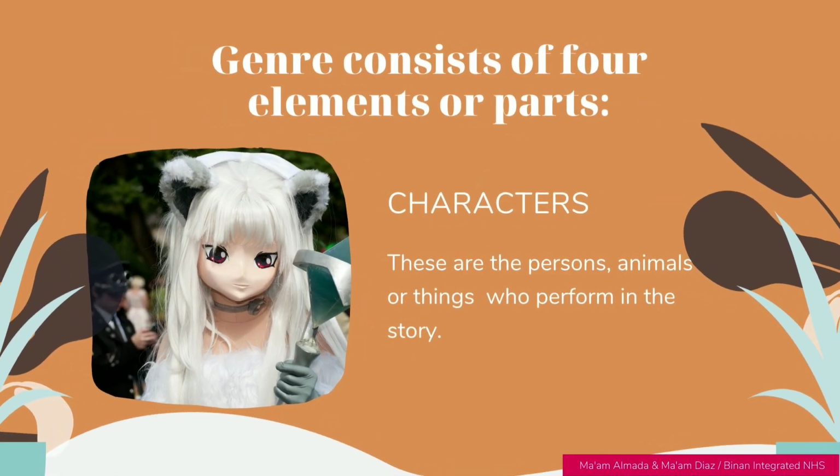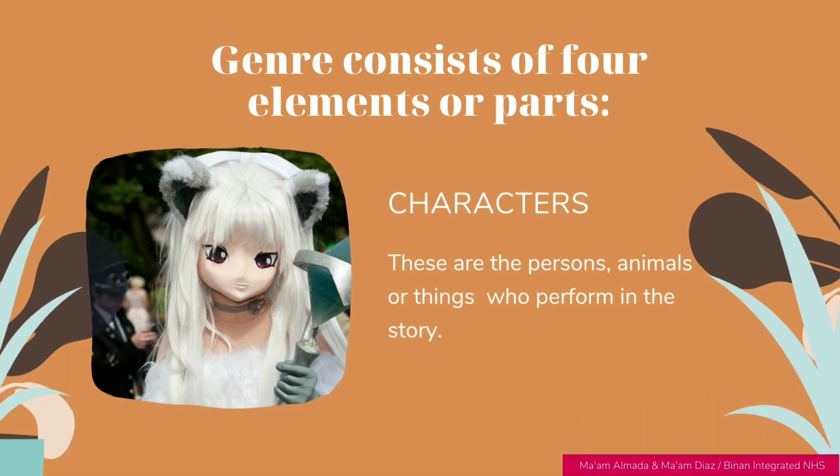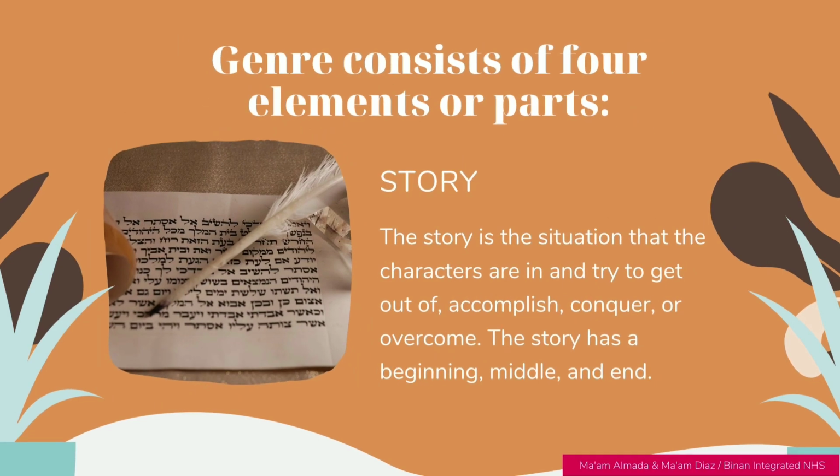In order to determine the genre, let us know the four elements or parts. Characters. These are the persons, animals, or things who perform in the story. Story. The story is the situation that the characters are in and try to get out of, accomplish, conquer, or overcome.